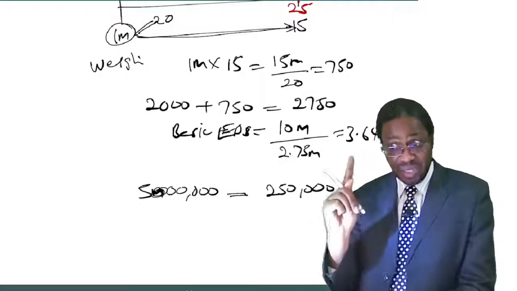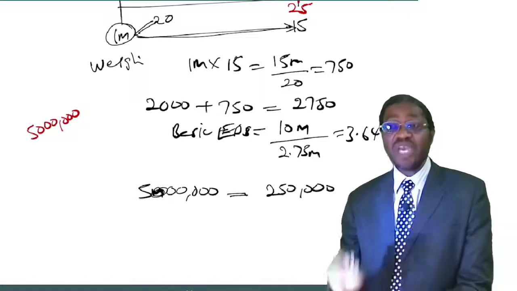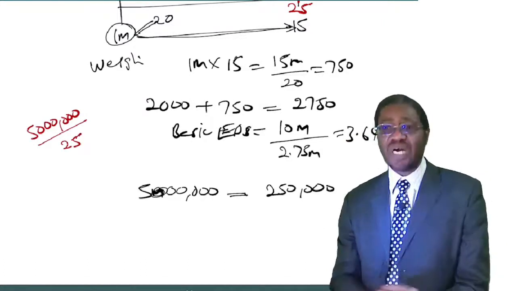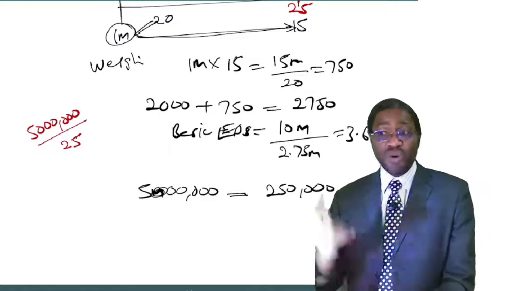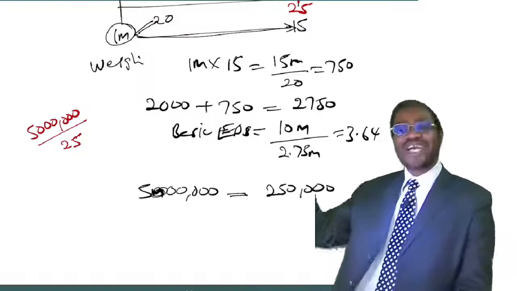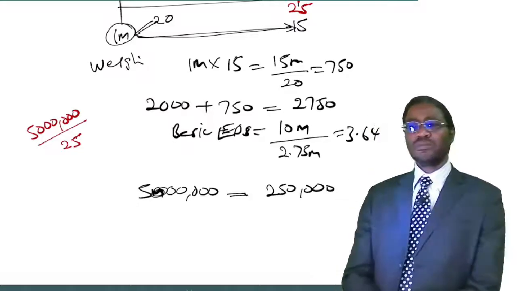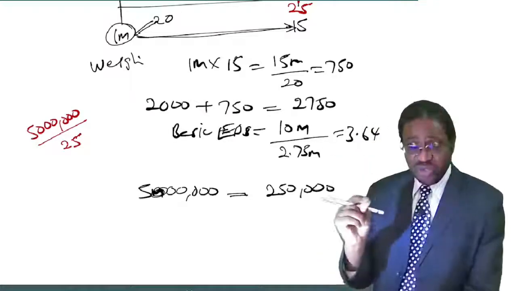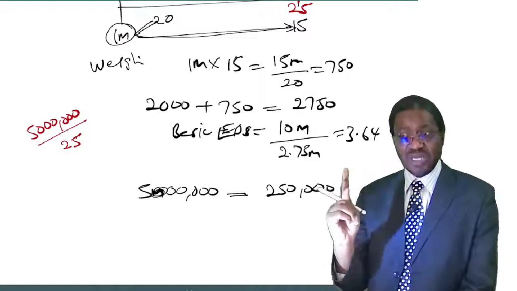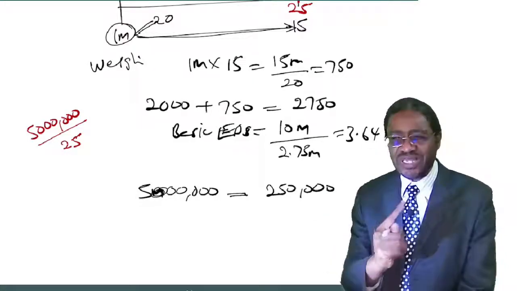It means if they were to use their 5 million shillings, which they will bring, to go to the stock market, they would find one share being sold at 25. So with their 5 million shillings, if they went to the stock market, they cannot buy 250,000. They can only buy how many? Suppose they had brought in 5 million at the end of the year, but at that end of the year, the market price has gone up from 20 to 25.